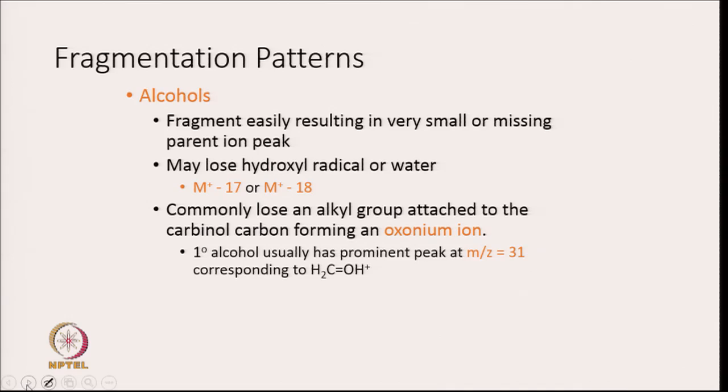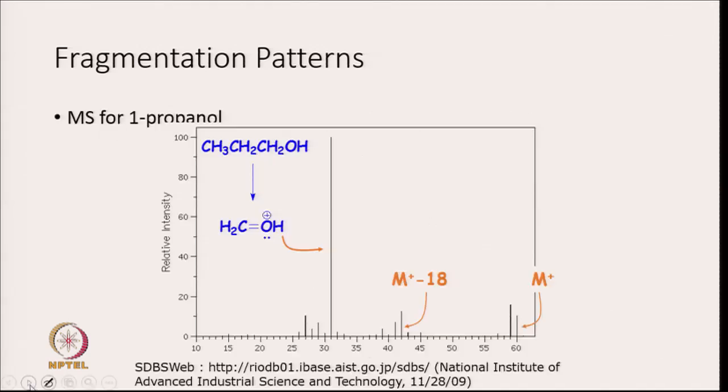Commonly, it loses an alkyl group attached to the carbinol carbon, forming an oxonium ion, and 1 degree alcohols usually have a prominent peak at m by z equal to 31, corresponding to CH2 double bond OH plus.